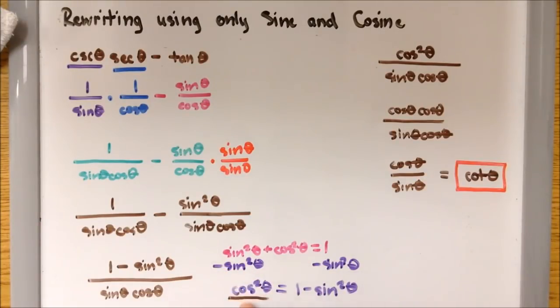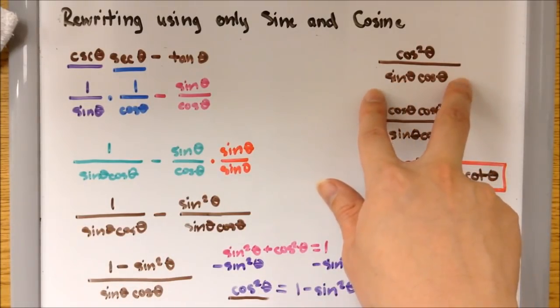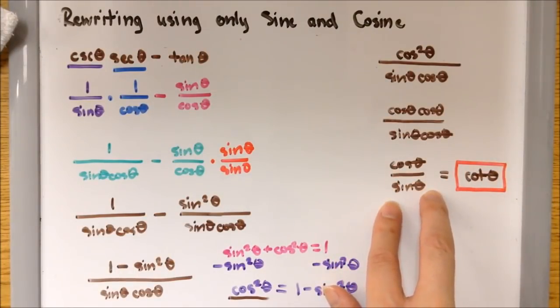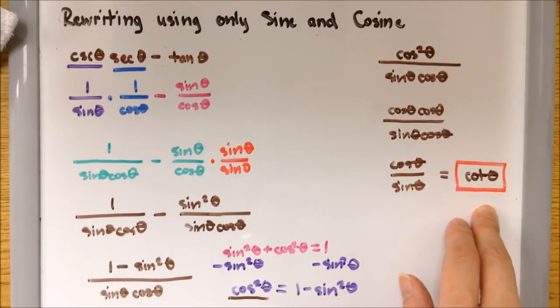I rewrote it where cosine squared theta equals 1 minus sine squared theta, which is identical to this. So I switch out 1 minus sine squared theta with cosine squared theta and wrote over here. Continue to simplify and got it down to cosine theta over sine theta. Using the quotient identity, our final answer is cotangent theta.